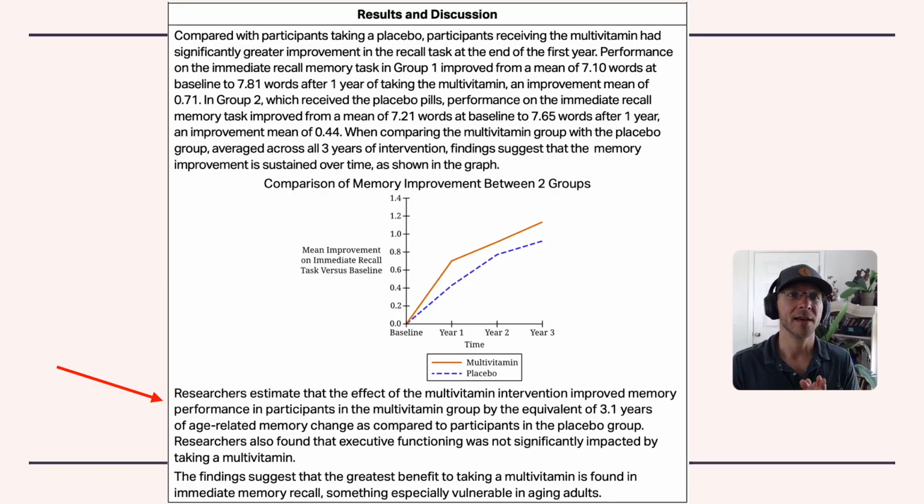Researchers estimate that the effect of the multivitamin intervention improved memory performance in participants in the multivitamin group by the equivalent of 3.1 years of age-related memory changes as compared to the participants in the placebo group. Researchers also found the executive functioning was not significantly impacted by taking the multivitamin.